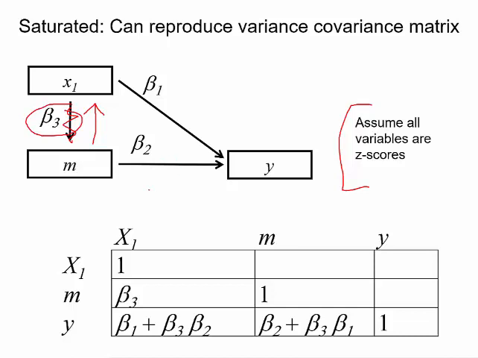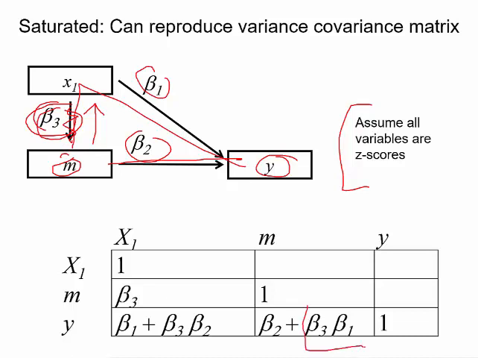From that logic, we can say the total effect of m on y is equal to a direct effect of beta 2 plus a mediated pathway where I go from m through x1 to y, which is beta 3 times beta 1.